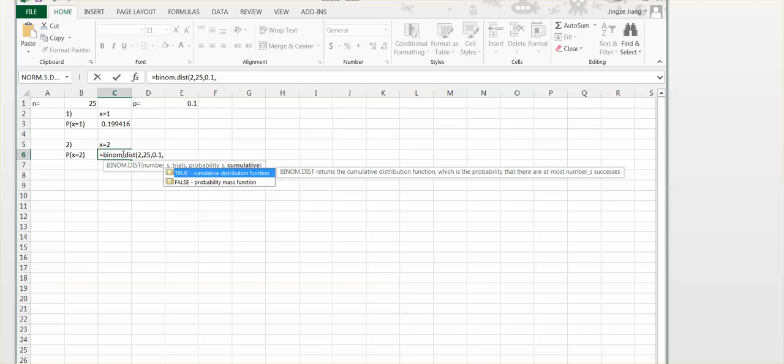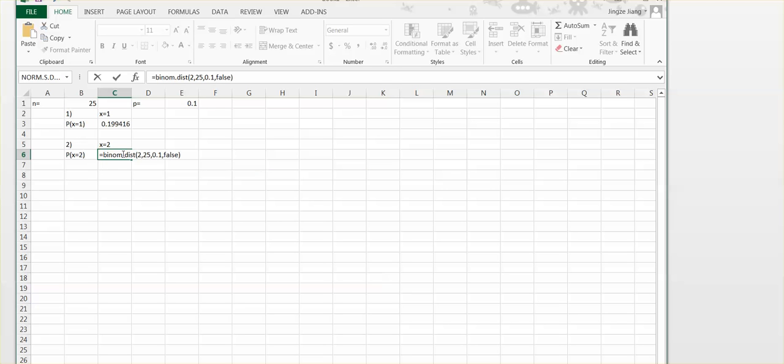Again, we are asking for the probability for one data point, not the cumulative, so we type in FALSE. Close the parenthesis and press enter on the keyboard. So 0.265888 is the probability for us to find two parts are defective.